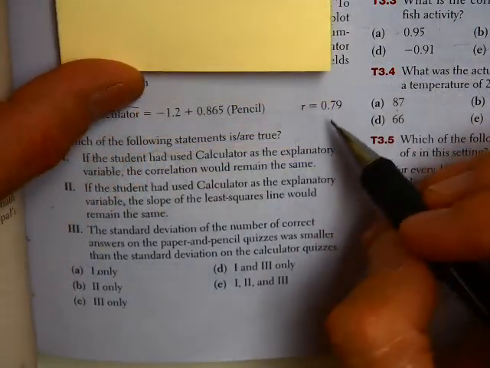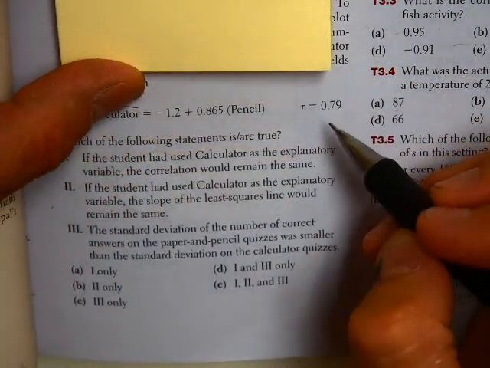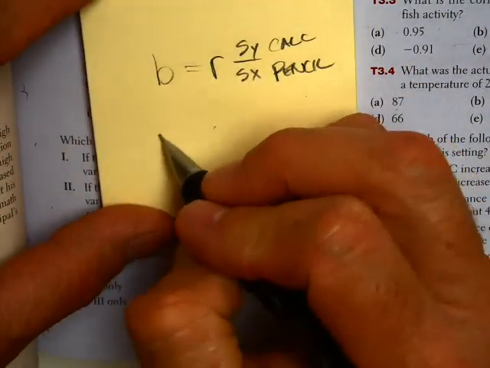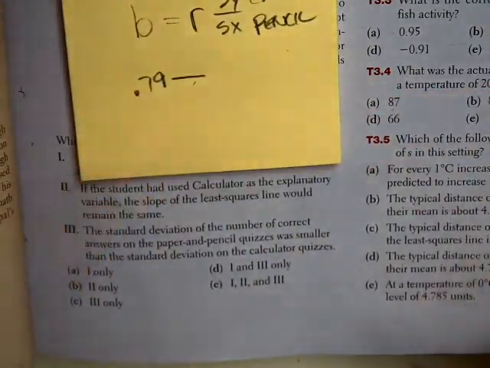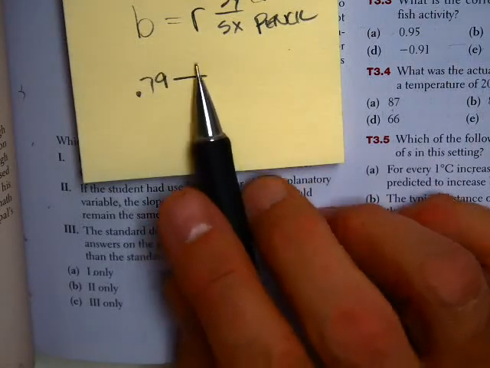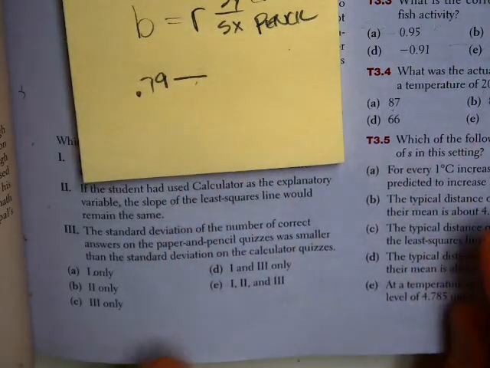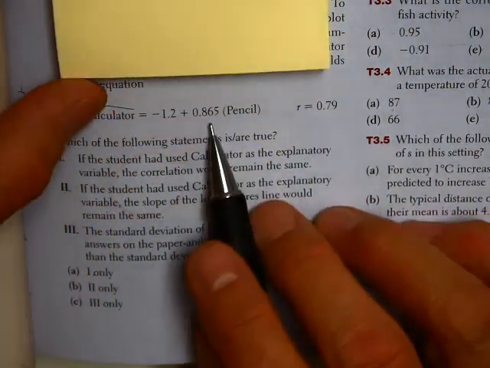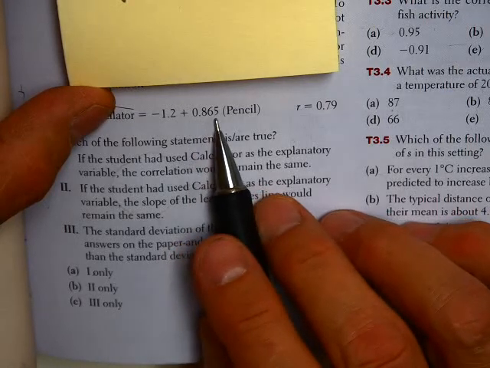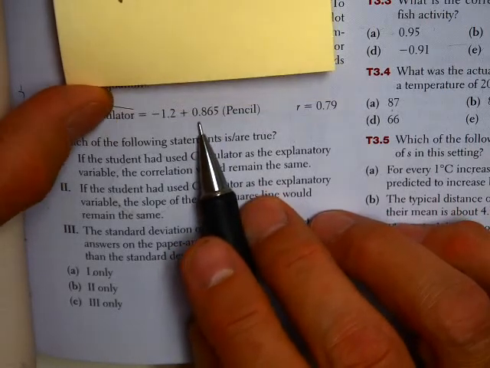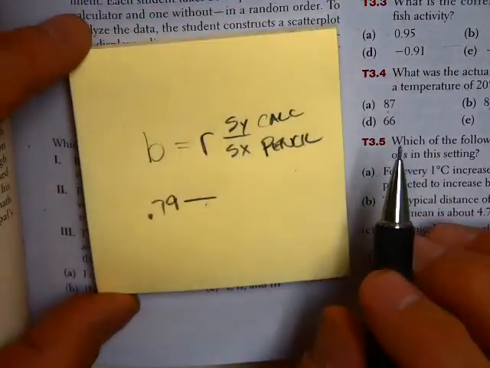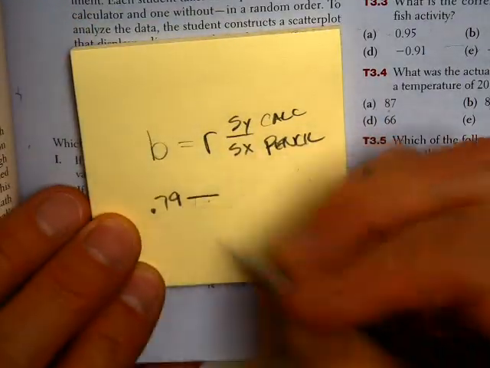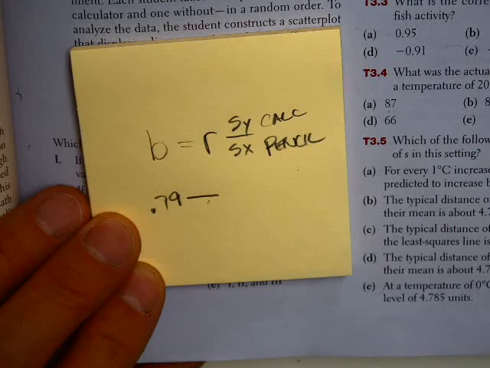Well, that's why they actually give us r over here as 0.79. So if I take 0.79 and I multiply it times a fraction of calculator over pencil, what must be true about that fraction for that slope to increase? Well, I'm thinking that this number on top has to be bigger than the number on the bottom.